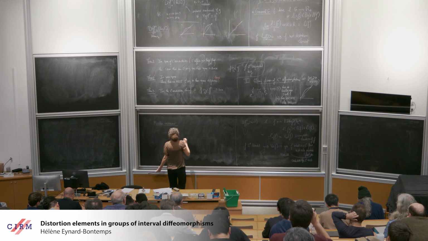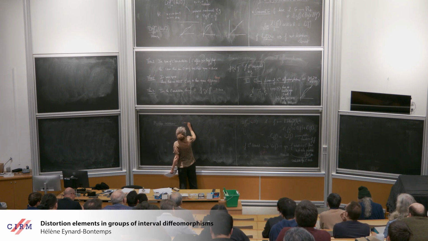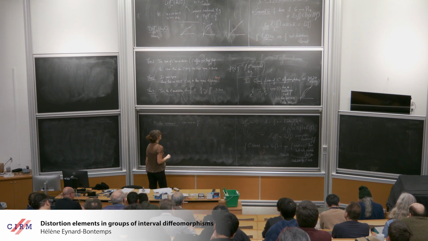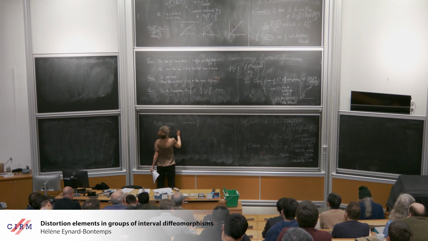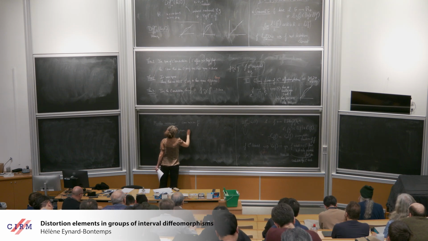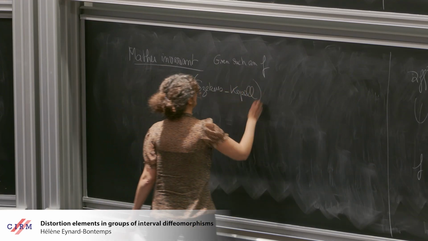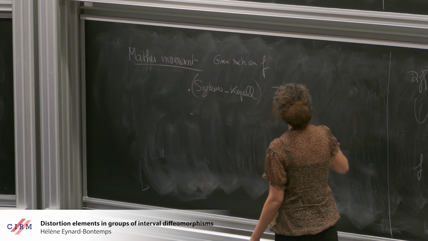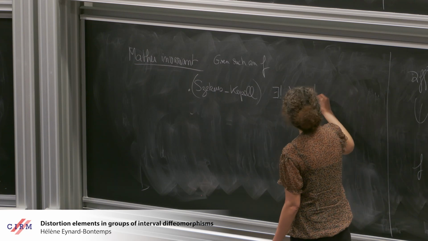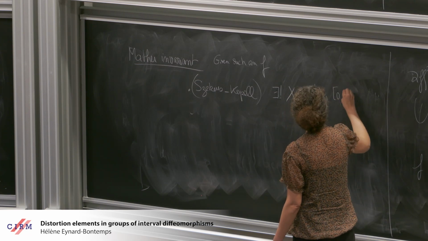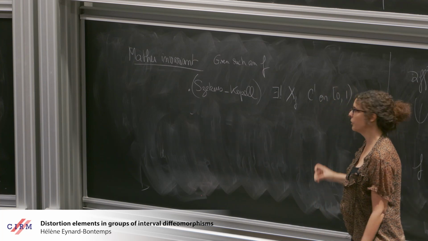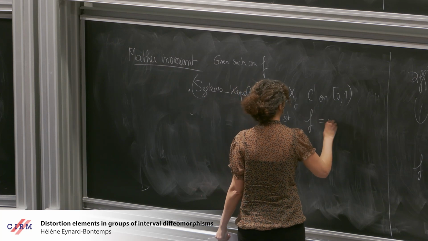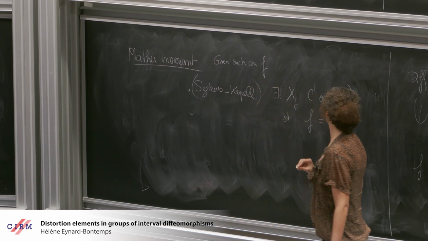One way of defining it: if I start with such a C2 diffeomorphism, you have some results of Sergeraert and Coppel, which tell you that there exists a unique vector field, which I'm going to denote by X_f, which is C1 on the semi-open interval and only continuous at 1, such that f is the time 1 map of this vector field.